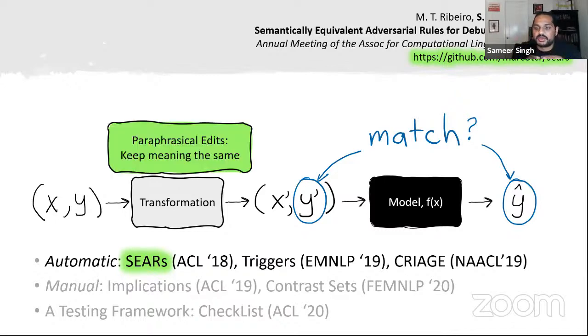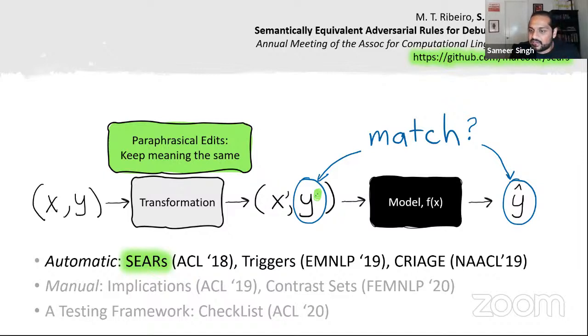The transformation we're going to make is to take X and give an X prime that is essentially the same. We will do some paraphrasing, but the meaning will be exactly the same. And of course, in this case also, we don't want y prime to be different from y. We are changing x, keeping the meaning the same, so the output should also be the same.